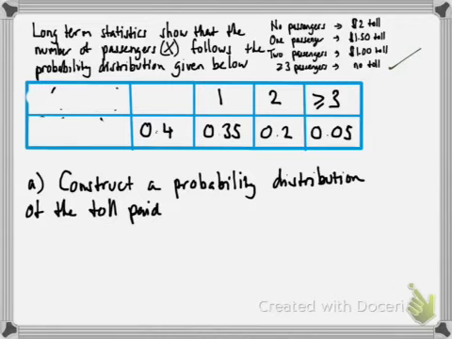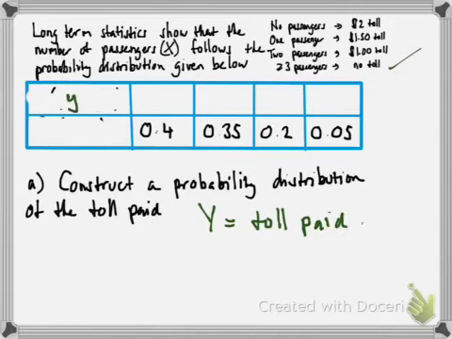I'm just going to leave those probabilities here. And what I'm going to do is call the variable, now instead of number of passengers, it's y equals toll paid. That's a new variable. So instead of putting x up here, I'm going to put lowercase y and the probability of y equaling y.